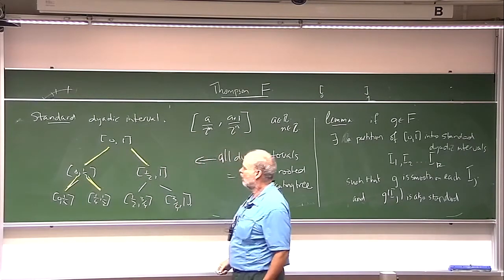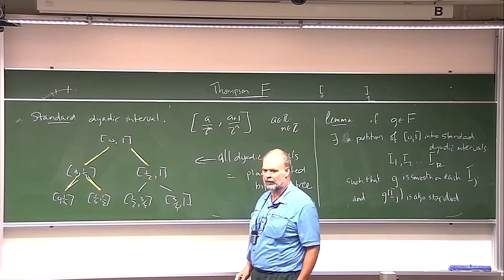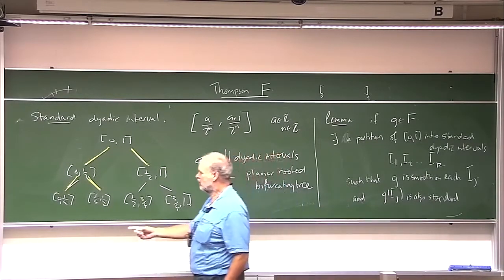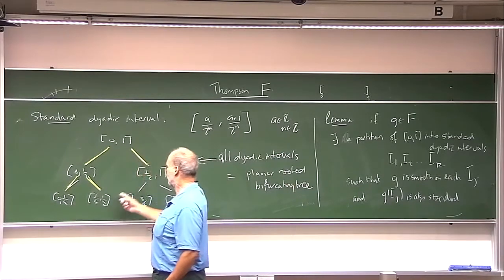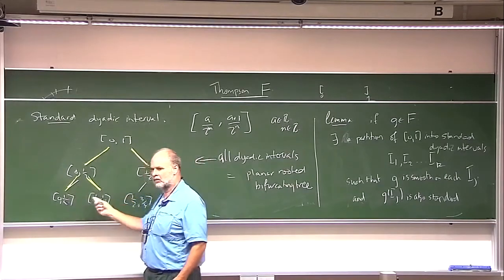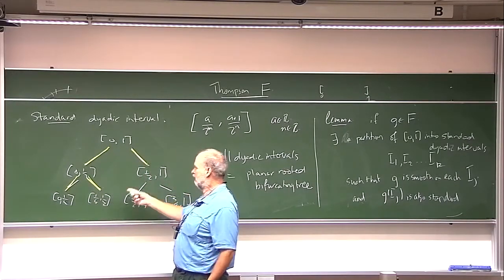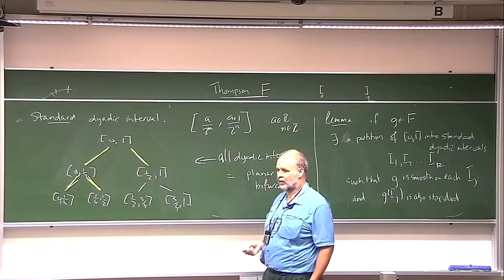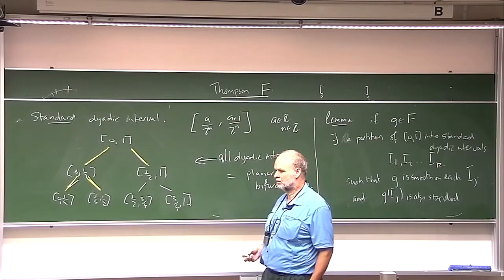Right, so what's the corresponding partition into dyadic intervals? Well, it's [0, 1/2], [0, 1/4], [1/4, 1/2], and [1/2, 1]. So we have a subtree, and by taking the leaves of that tree, you get by definition a partition of the unit interval into standard dyadic intervals, and obviously vice versa.